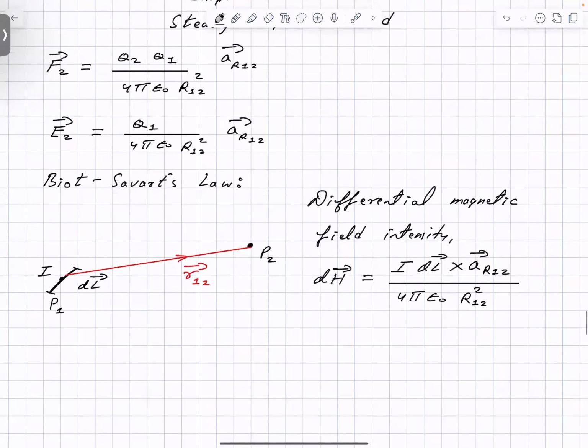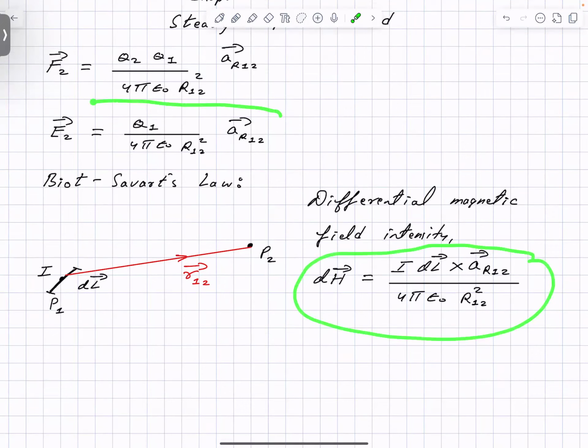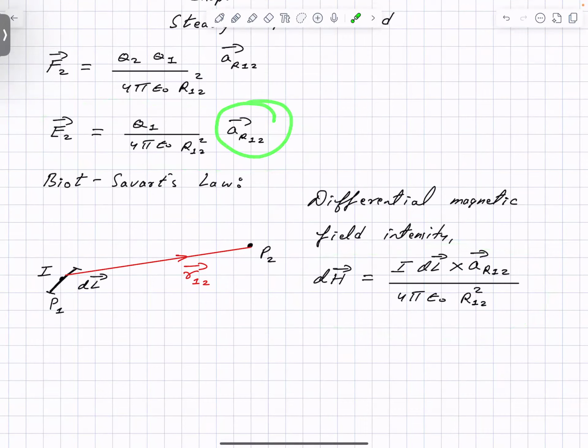And notice the similarity between this magnetic field intensity and the electric field intensity as given by Coulomb's law. So Biot-Savart law is just like Coulomb's law, but for magnetostatics, right? They both have this AR12, this unit vector. They both have the same denominator.